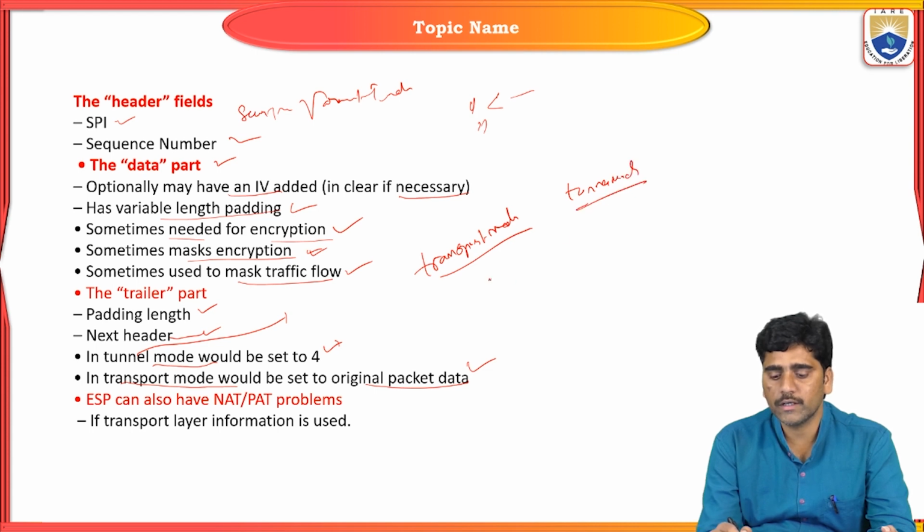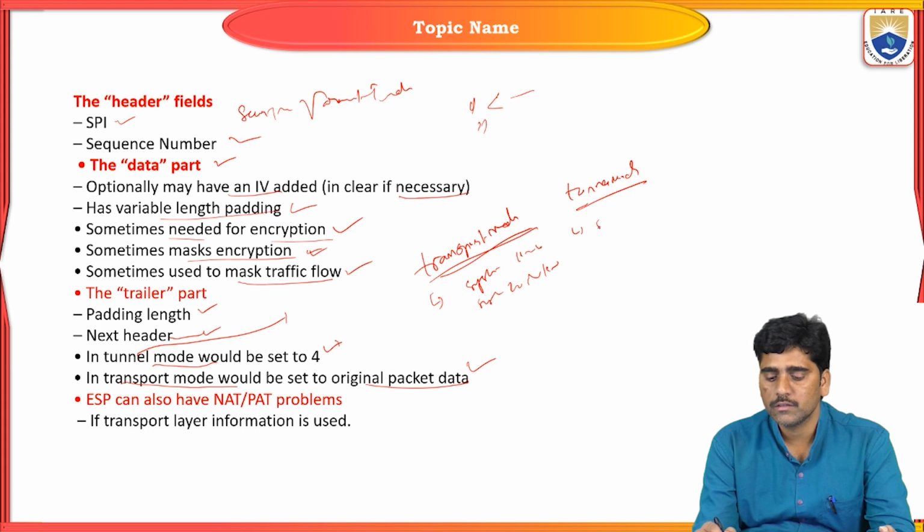Transport mode indicates the services provided between either system to system or system to network. But tunnel mode provides services system to network as well as network to network.